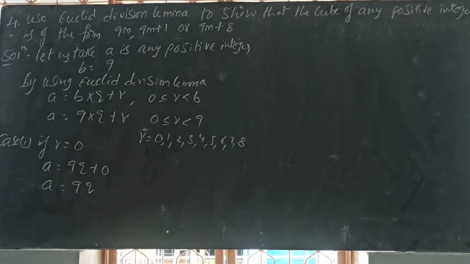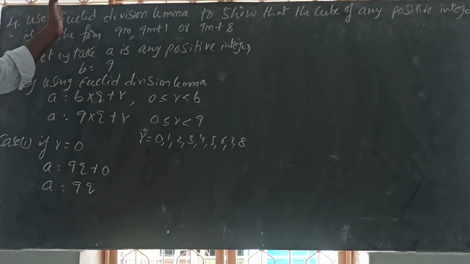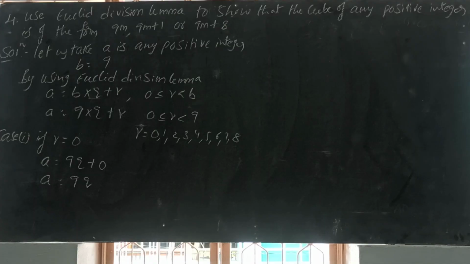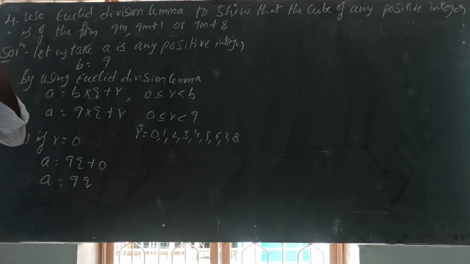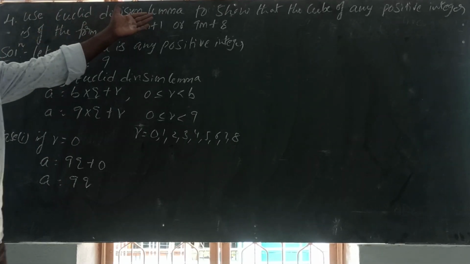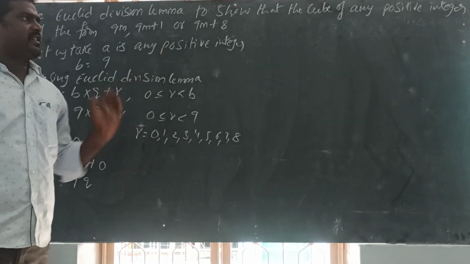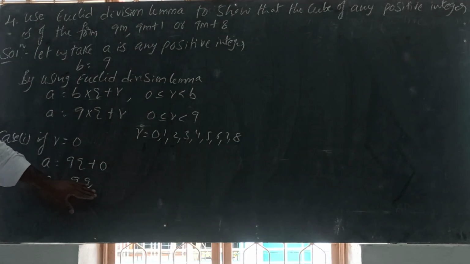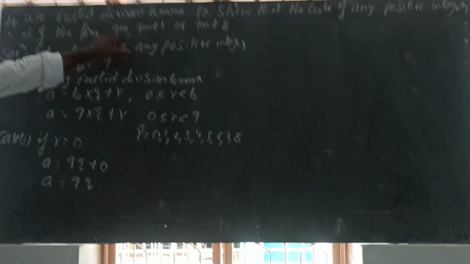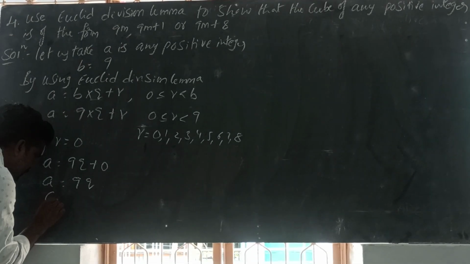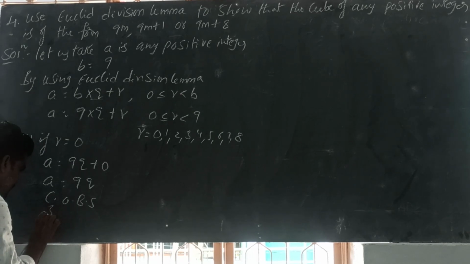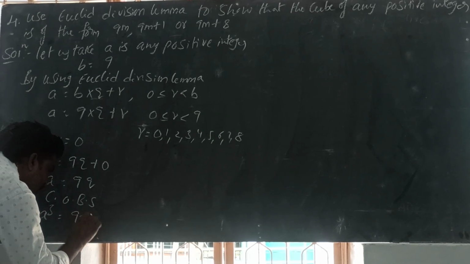So here what they are asking: use Euclid division lemma to show that the cube of any positive integer, that means a is a positive integer, its cube is also in the form of 9m. So now we can take cube on both sides. So a cube is equal to (9q) whole cube.